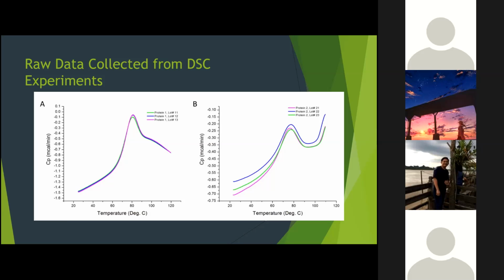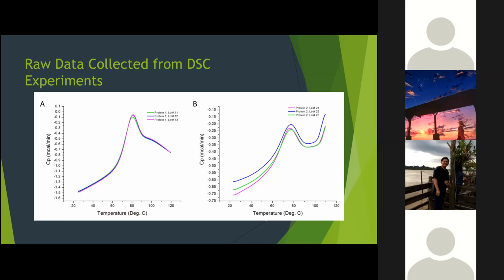So these figures show the raw data for the DSC experiment based on different batches of two proteins. Each line in this graph represents a production lot.